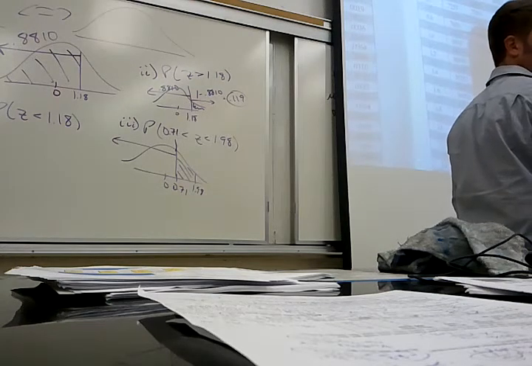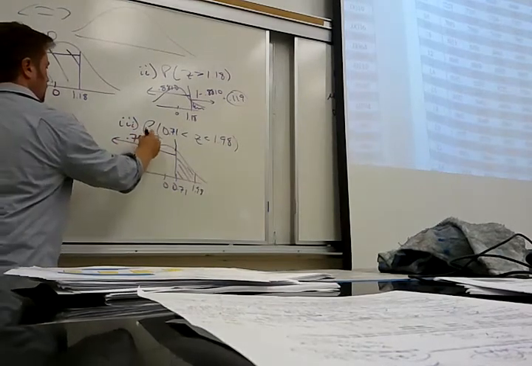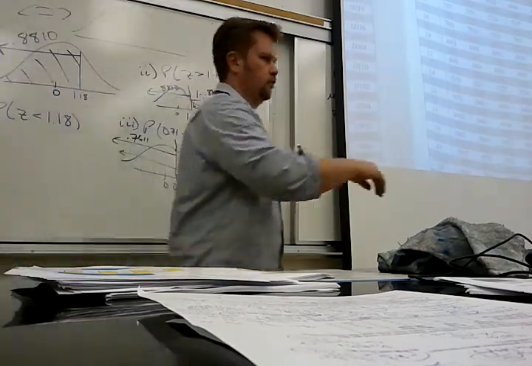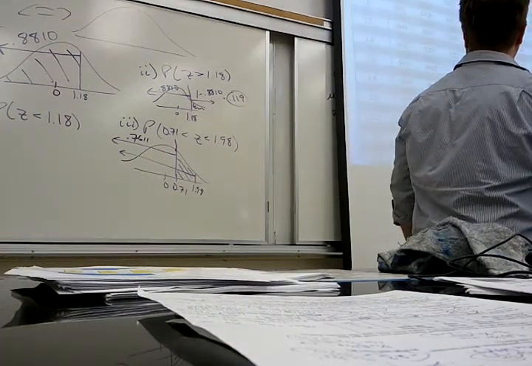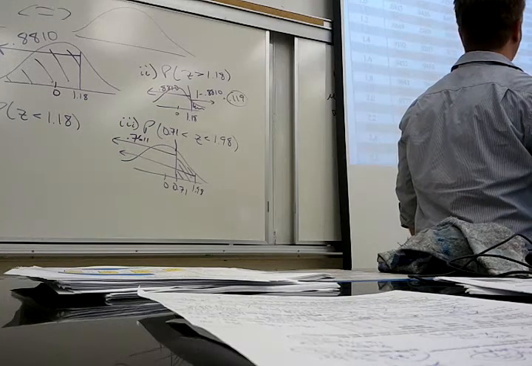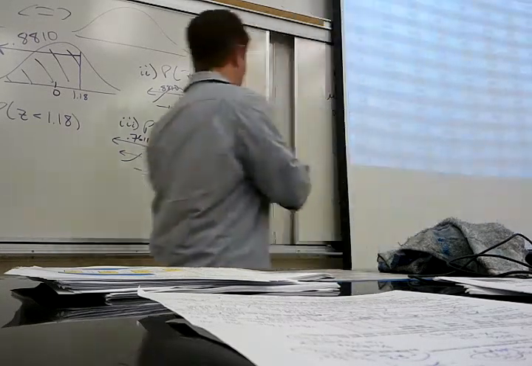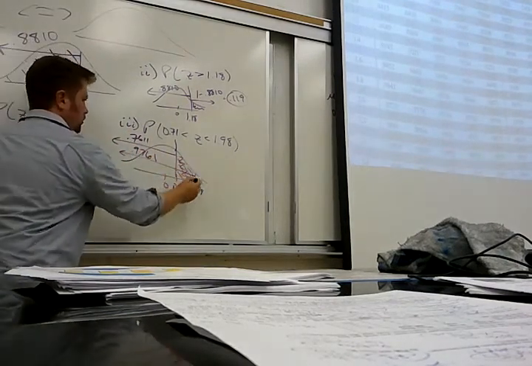Is that cool? And when I look up 1.98, what do I get? 0.9761. Cool. So if I want the area between those two, it only makes sense.